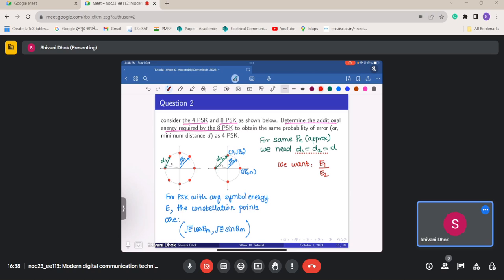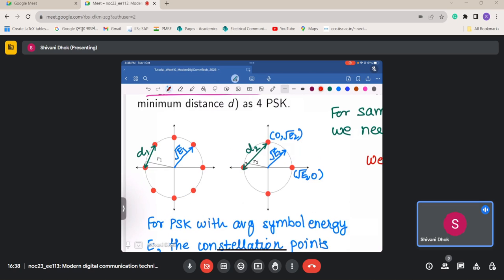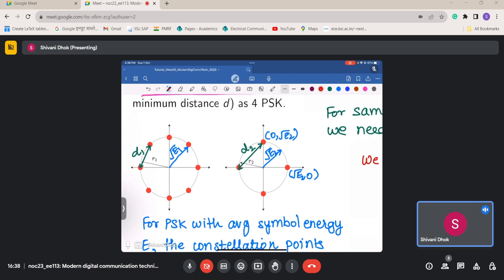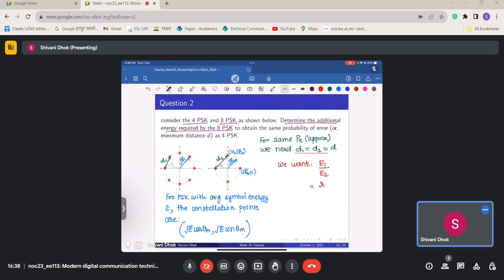This is what we want, and therefore this under root E1 is equal to R1, and therefore E1 will be equal to R1 square and E2 will be equal to R2 square. So this is what we are having. Okay, so we need to find this.